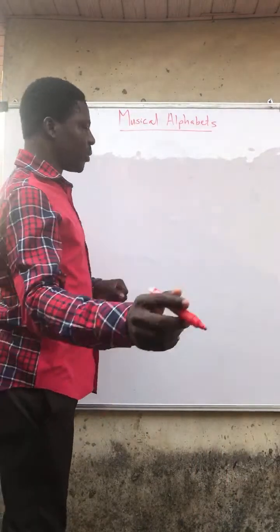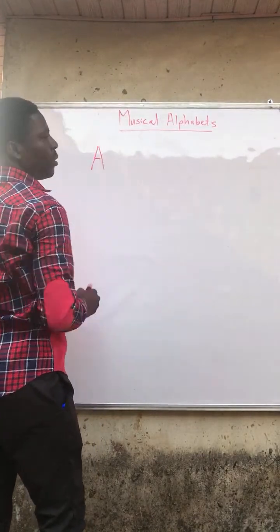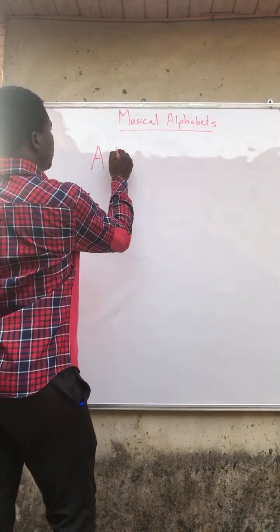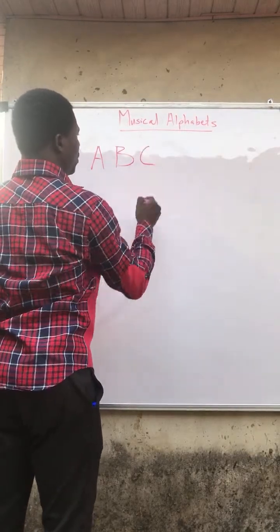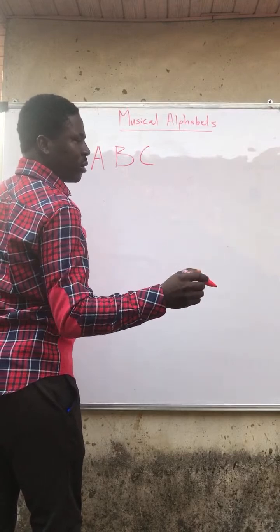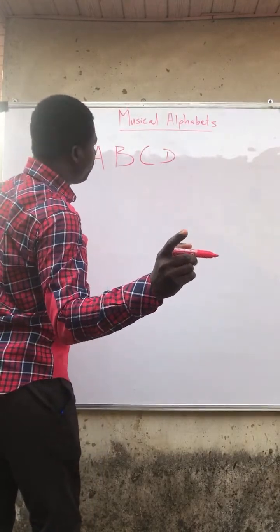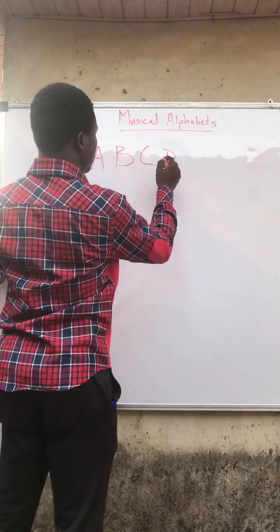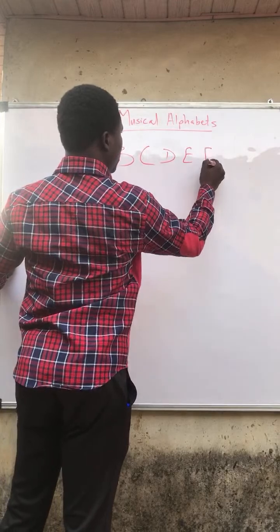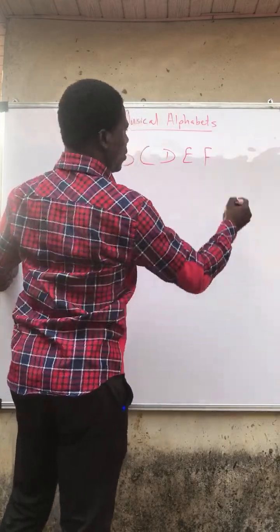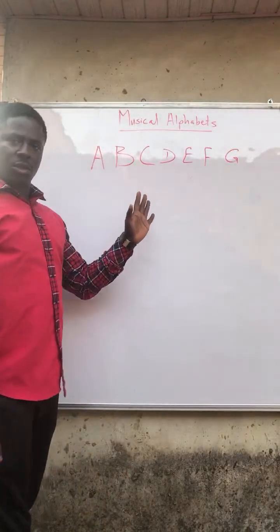The first alphabet is A. The second alphabet is B. The third is C. The fourth is D. The fifth is E. The sixth is F, and the last is G. So these are the alphabet in music.